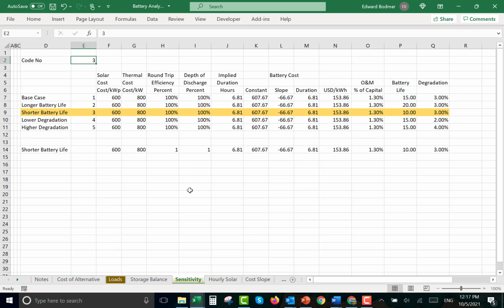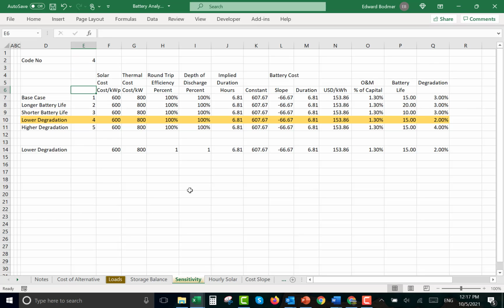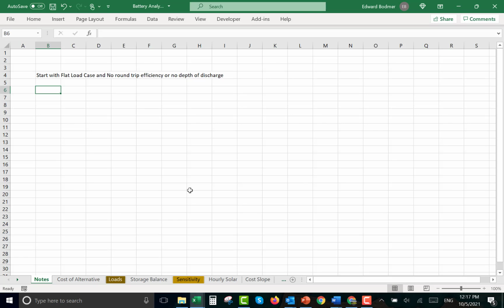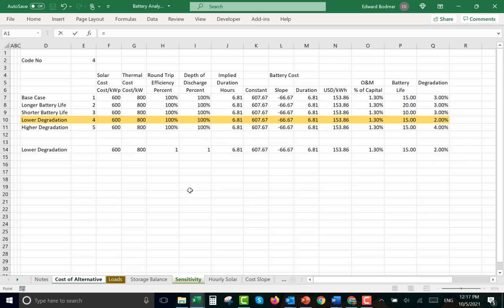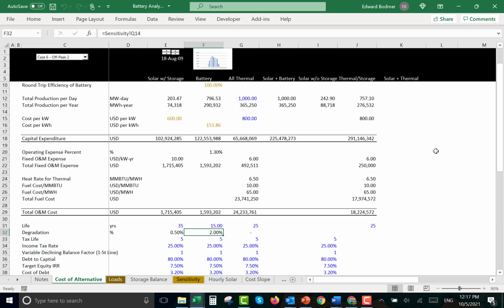it's a shorter battery life, and 4, we can see exactly what scenario we're on. And when we put our analysis together, let's use our sensitivity case, admitting that we're not so arrogant that we think, I know exactly the number and I'm going to argue it till I go crazy.